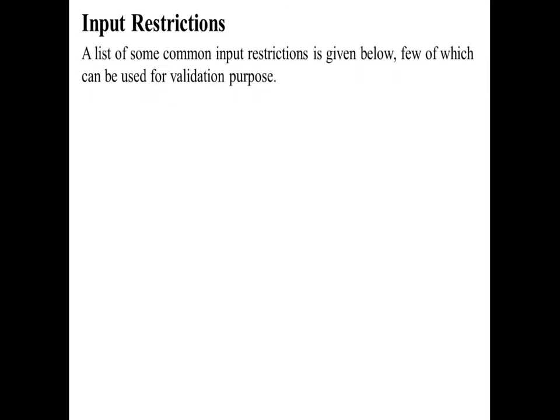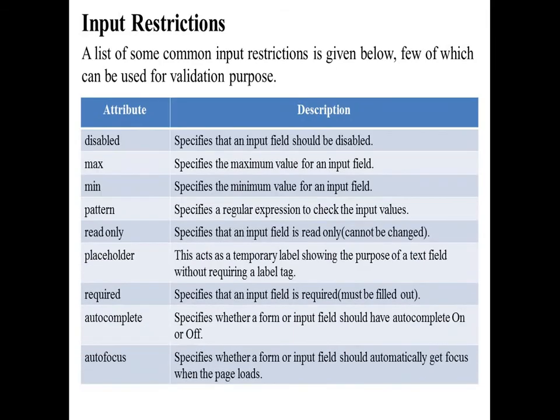A list of some common input restrictions is given below, a few of which can be used for validation purposes. These are the attributes and these are the descriptions. Let's see how you are going to apply all these.